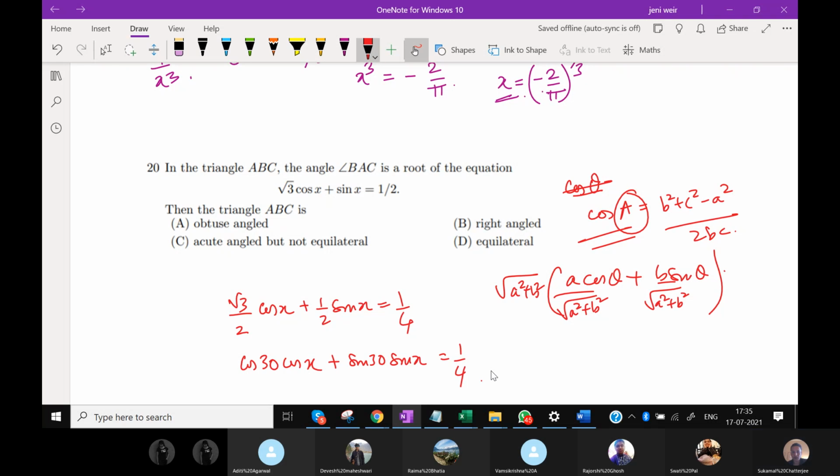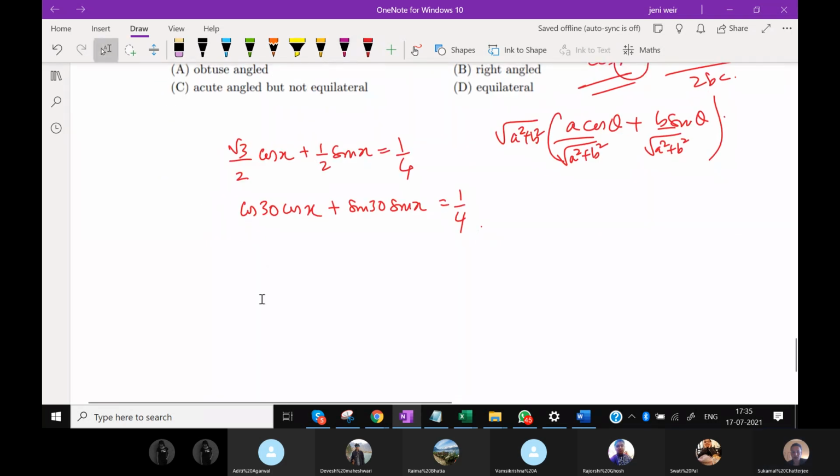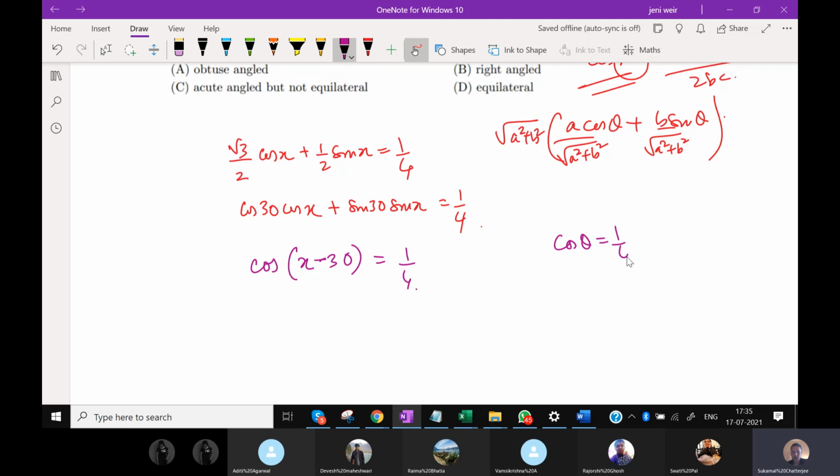Clear? That means cos A cos B plus sin A sin B, so cos of x minus 30 is equal to 1 by 4, right? Now let cos theta be equal to 1 by 4. Therefore, theta has to be greater than 60 degrees, because 1 by 4 is less than 1 by 2. Cos values start from 90.